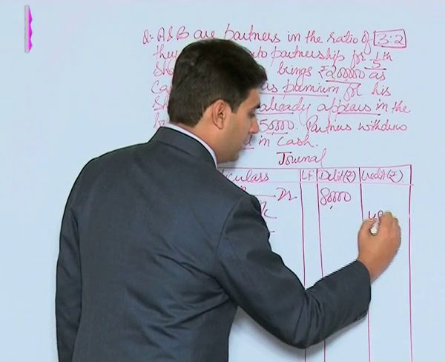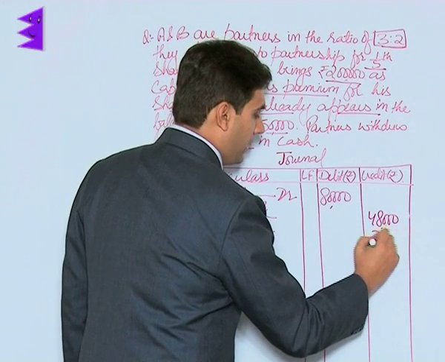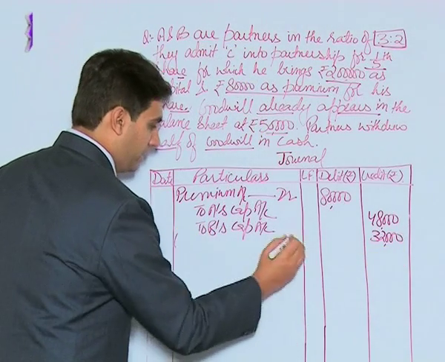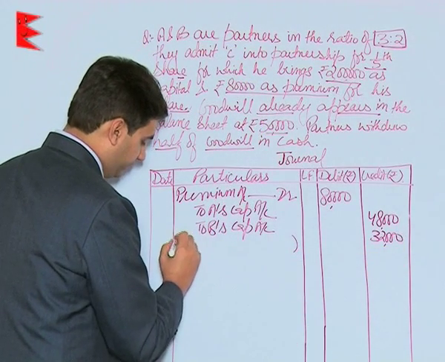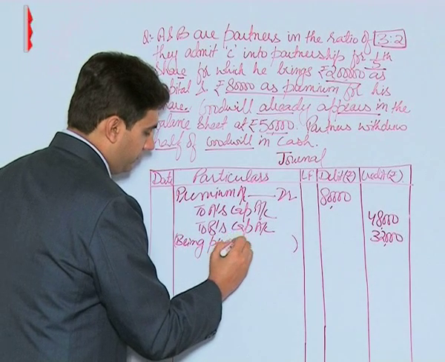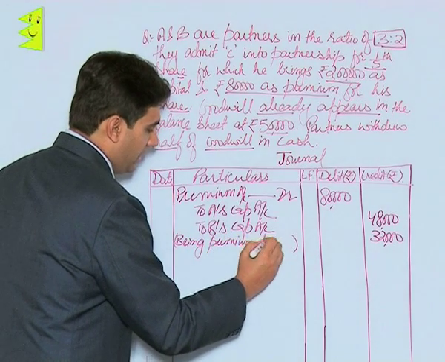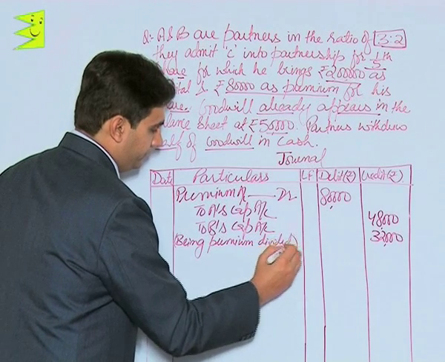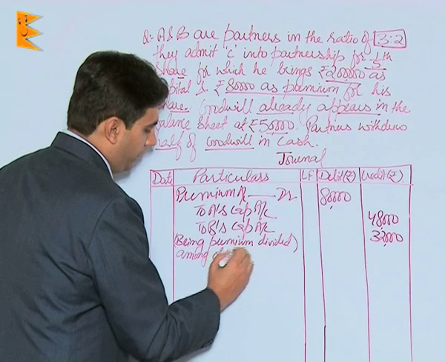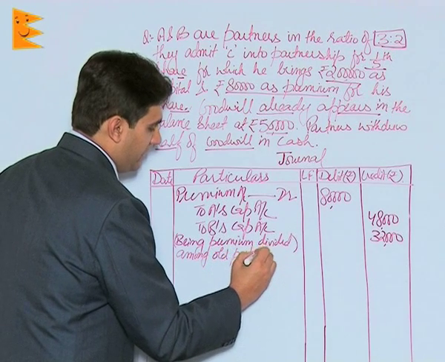That will be 48,000 for A and 32,000 for B. The narration would be: being premium divided among old partners in sacrificing ratio.